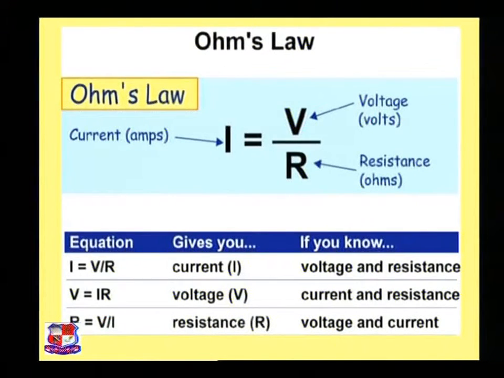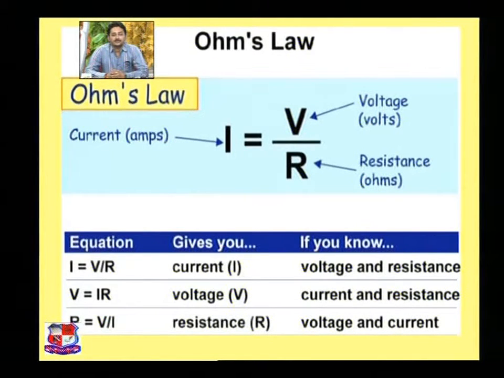What exactly did Ohm's law say? Whenever a potential difference V is applied to any current carrying conductor, like a metal, iron, anything, and it has some resistance R, then the current I passing through that material is directly proportional to the potential difference V applied to it, and inversely proportional to the resistance offered by that material.